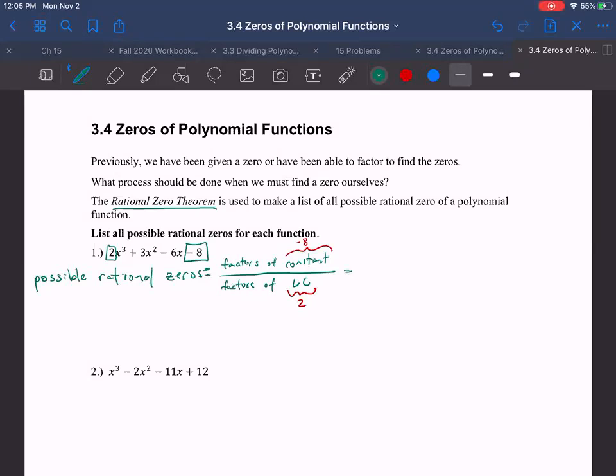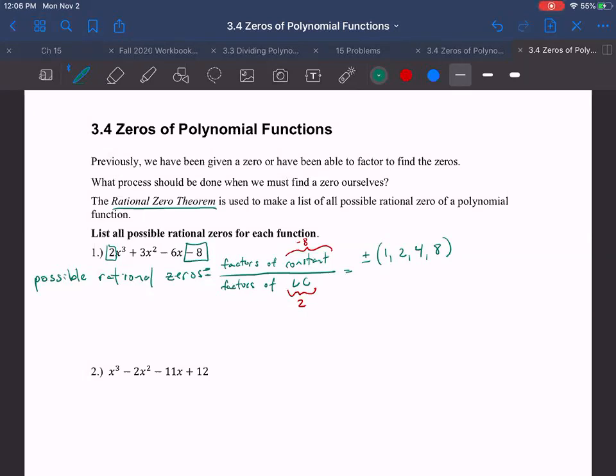In this case, if we look at -8, we're going to have all the positive and negative values of all the factors: 1, 2, 4, and 8. So +1, -1, +2, -2, +4, -4, +8, -8.